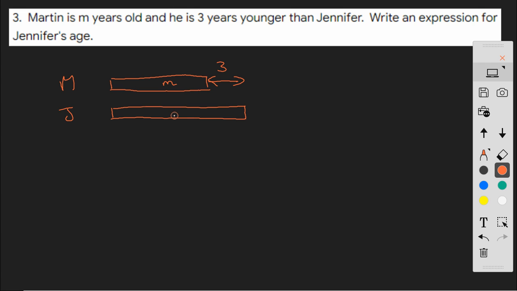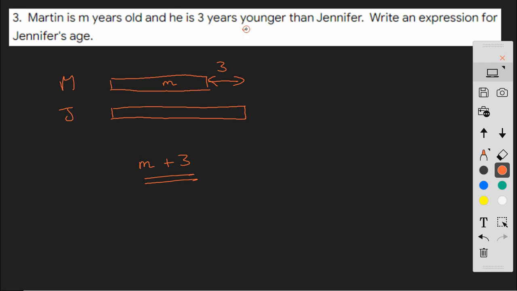So Jennifer's age is, so this is Jennifer's age here, so this is M plus 3. Doesn't need to be an equation in it, we just wanted an expression. No need for any equal sign.